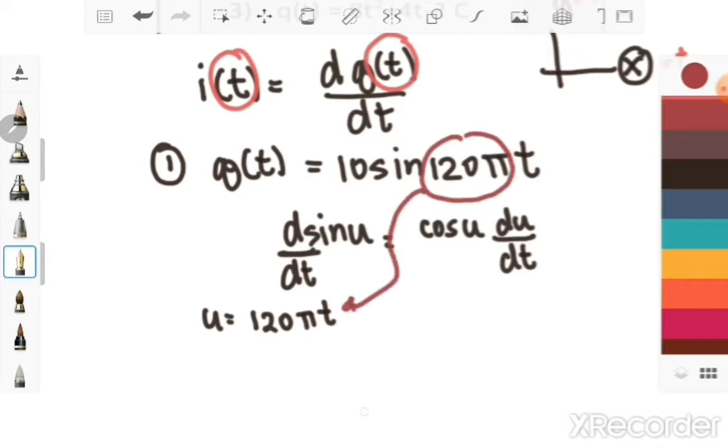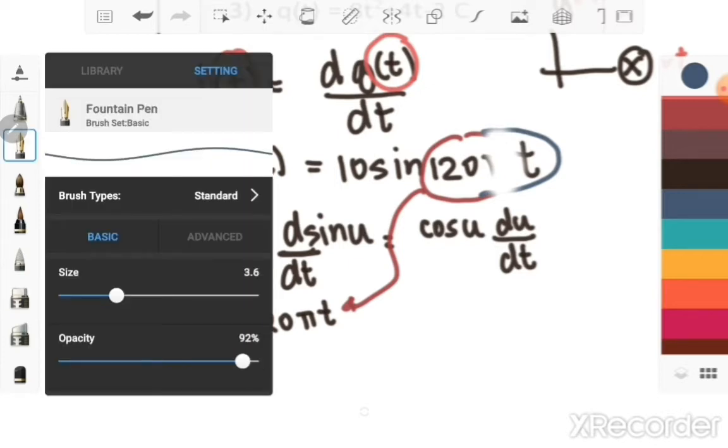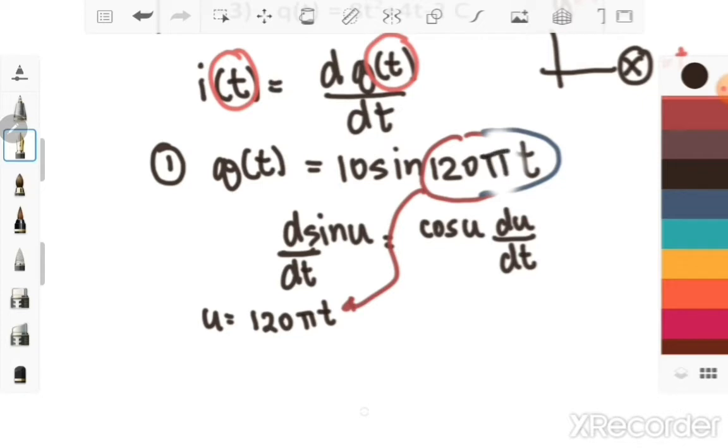You have u which is equal to 120 pi t. Basically, 10 sine 120 pi t. So, after knowing that one, we will differentiate it already.